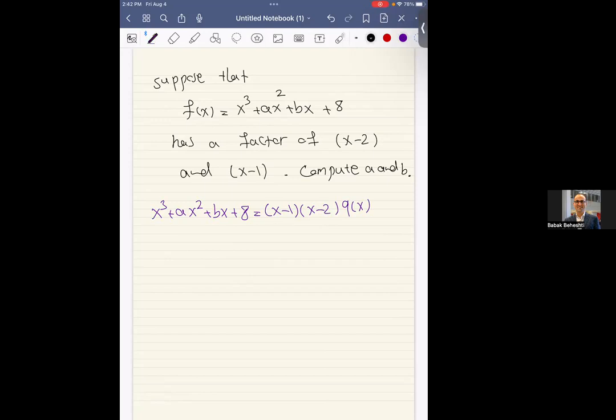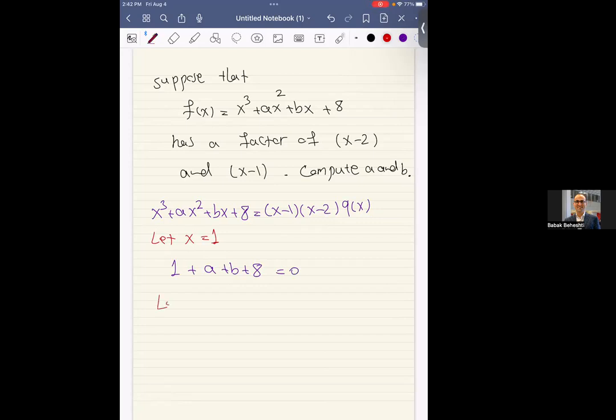That means if we let x equal to 1, on the left-hand side you get 1 plus a plus b plus 8 equal to 0.